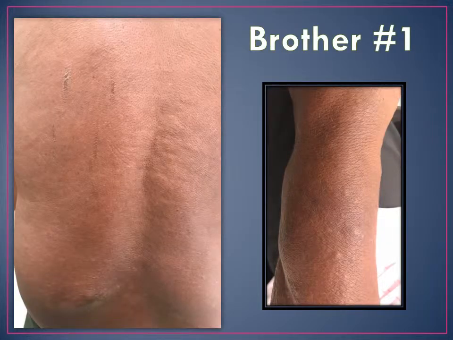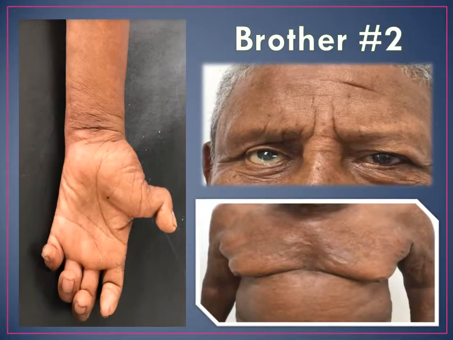Here we can see on brother number 1's lower back evidence of the hypopigmented lesion we had described earlier. On his extremity, we can also see in the picture on the right some nodular papular skin lesions. Brother number 2 has sequela now.